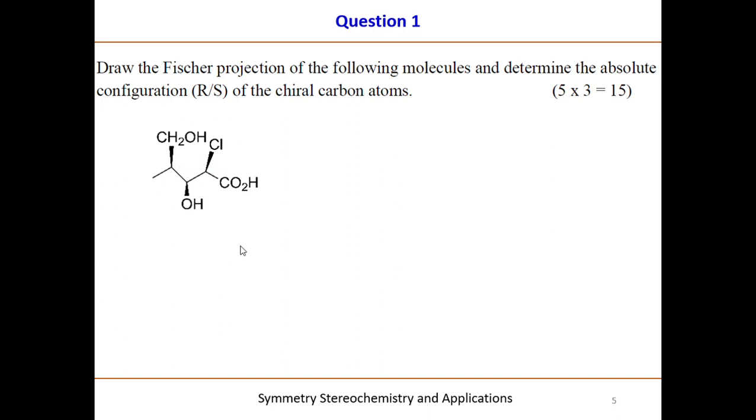I will show here. If I look at the molecule from this side, then this methyl group and this acidic group are both coming towards us. But on the vertical line, these groups should be on the below side. But it is moving towards us, that means it is on the front side. So we have to rotate the whole molecule.